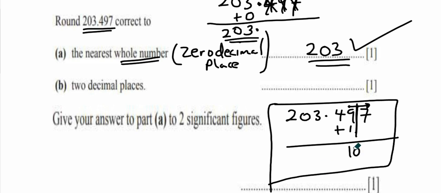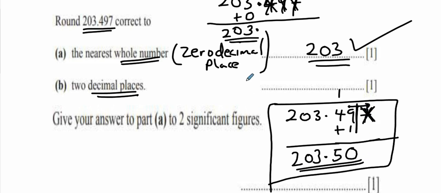We write 0 and carry 1. 1 plus 4 is 5. Keep the decimal point. This is 3, this is 0. Ignore the remaining number.